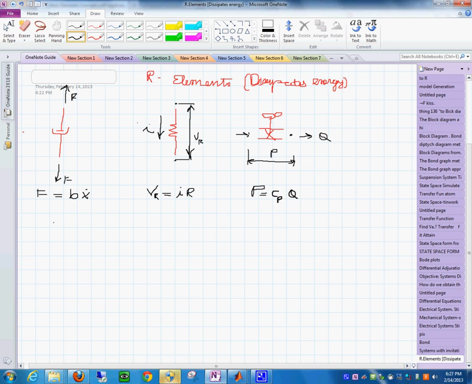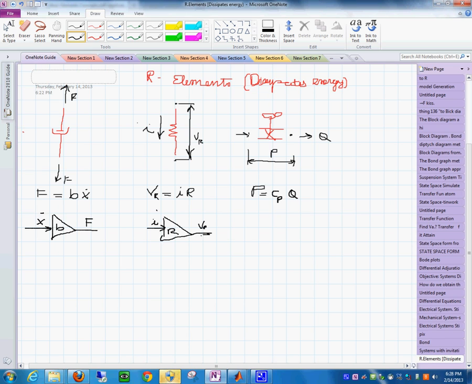Now, if this is true, isn't it true that we could build a block diagram that says X dot gets multiplied by B, and out comes F, right? You also build this one: here comes the current, and then we multiply by the R element, and out comes this voltage.